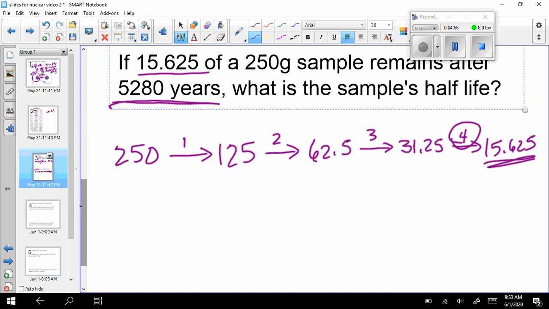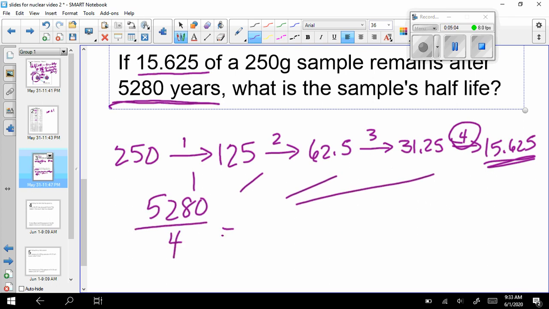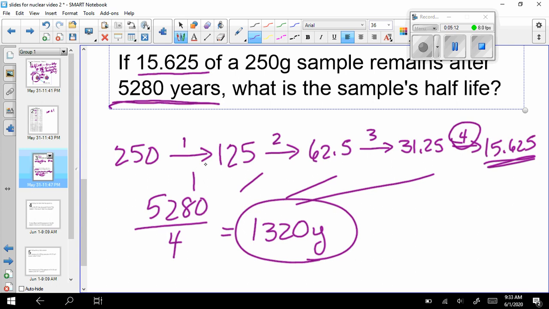The total time that went by was 5280. So all of this was 5280. So 5280 divided by 4 is going to give me 1,320 years. That's the half-life. 1320 times 4 would bring me down to a 250 gram sample, becoming only 15.6 grams.